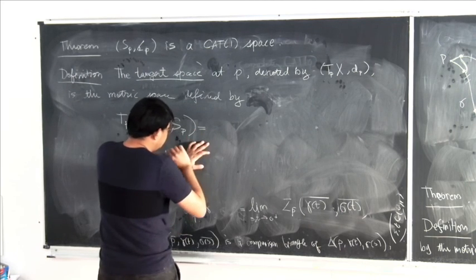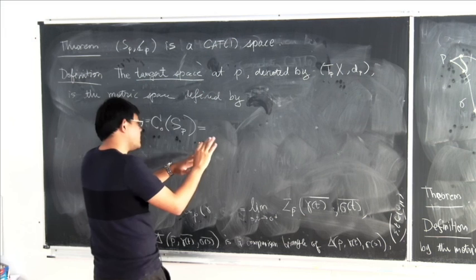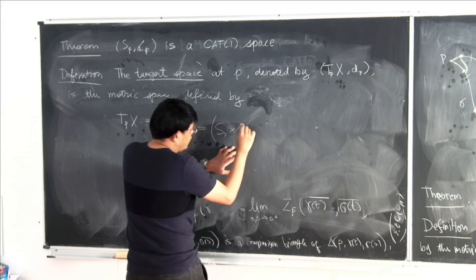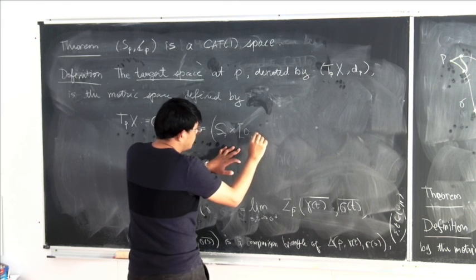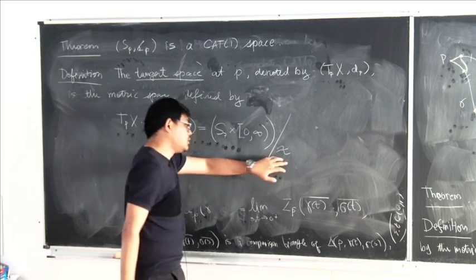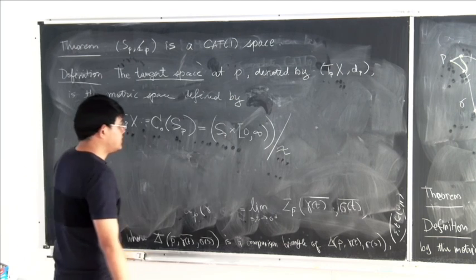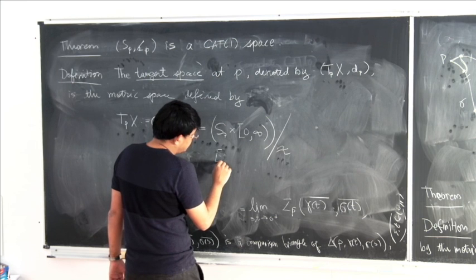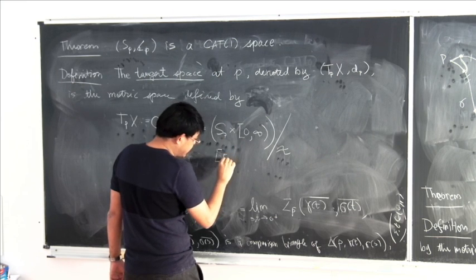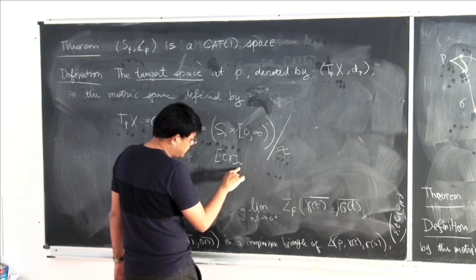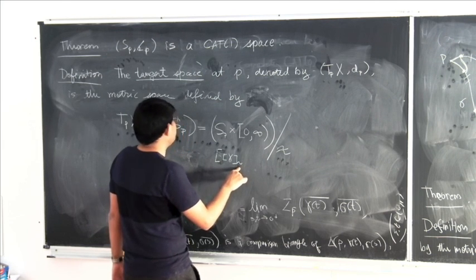Okay, so I will just rewrite it again just to recall it for you. So this is the space SP product with this interval, and we mod it with this equivalence relation. So elements will look like elements from SP, which is an equivalence class of gamma with respect to this, right? The pseudometric is the Alexandrov angle.